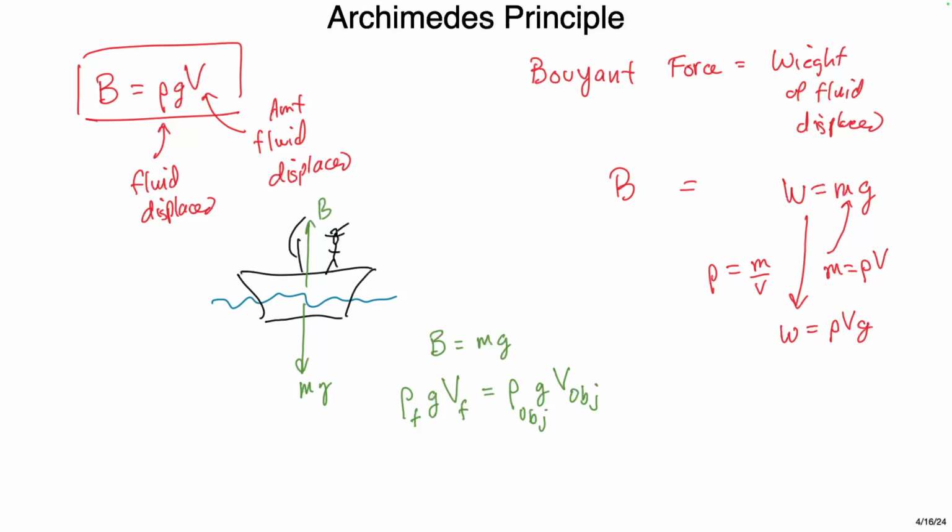Actually, it is the total volume, sorry, because the mass is the density of the object times the volume of the object. But let's take a look at stuff that cancels out here.